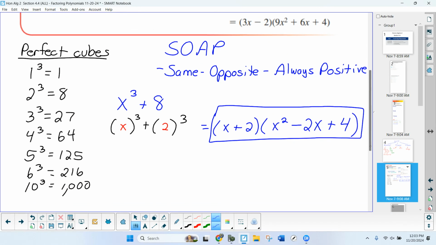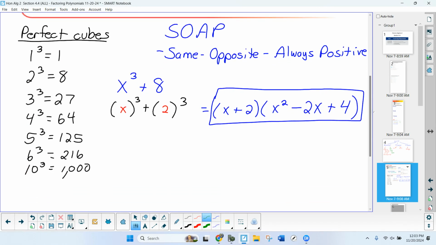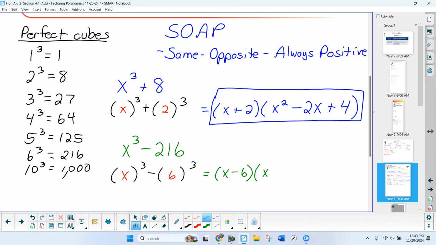Let's try another one. Let's try x to the third minus 216. This is what cubed minus what cubed. What would you guys put in here? X and 6. So now this is x minus 6, and then x squared.